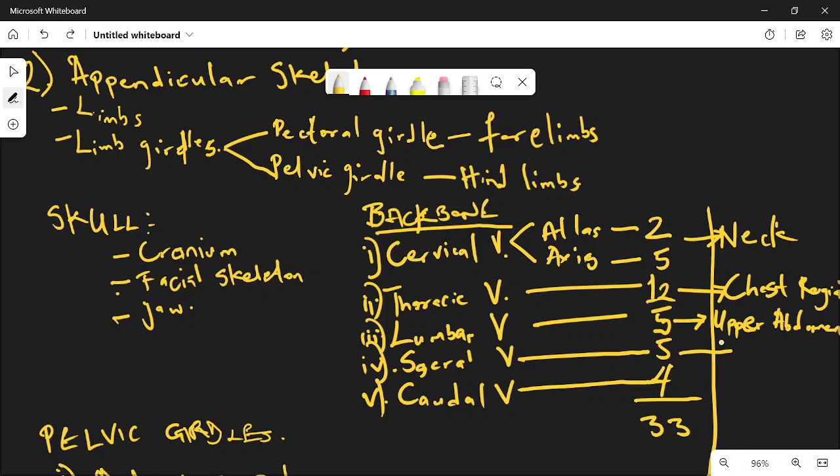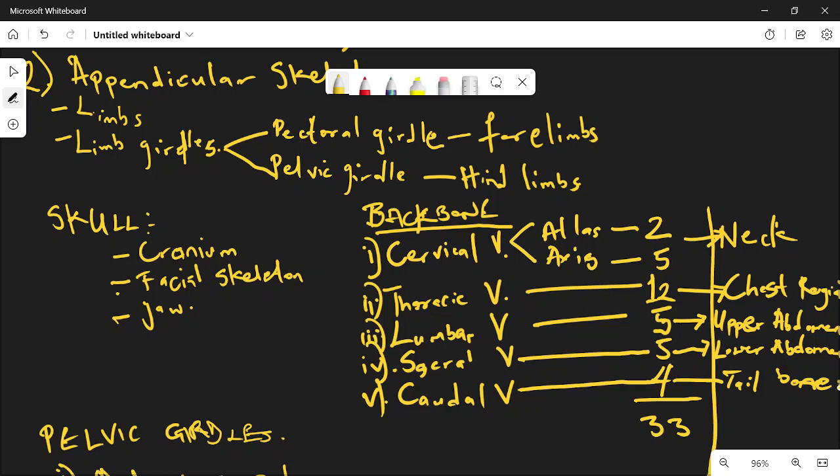This one is in the lower abdomen, and this one here is the tailbone.